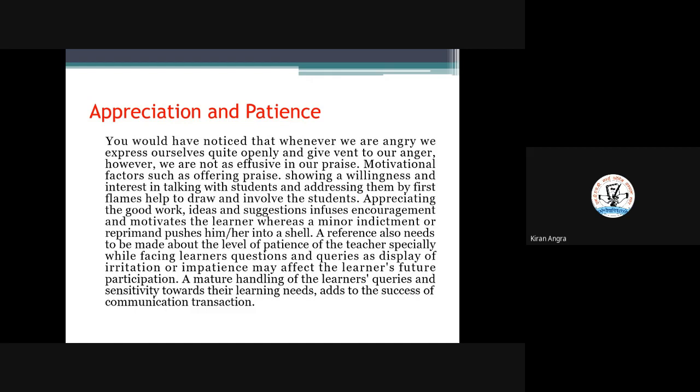You can simply tell them, or take them in good taste, and put them on the right track. So a very mature person is required to handle the learner's queries and sensitivity, their learner needs, and this all helps to create a better learning environment.